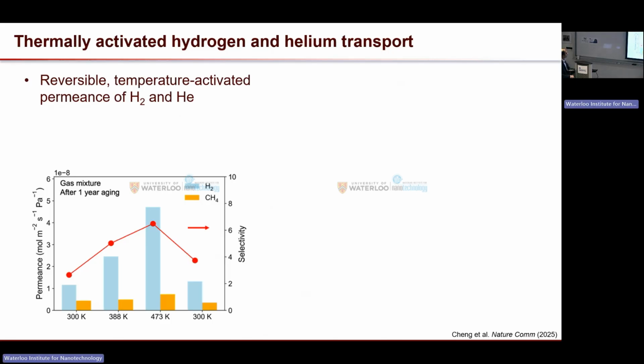We also observed some very interesting effects, like if we sweep the temperature, the selectivity between, say, hydrogen and methane in this case, as well as the flow rates, they kind of cycle. And hydrogen flow rates increase with temperature, but the activation energies were not quite consistent with anything we would expect. So we were scratching our heads for almost like 1 or 2 years doing all kinds of control experiments to rule out possibilities.